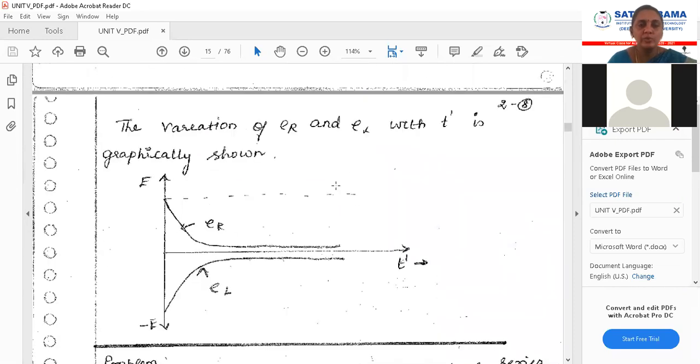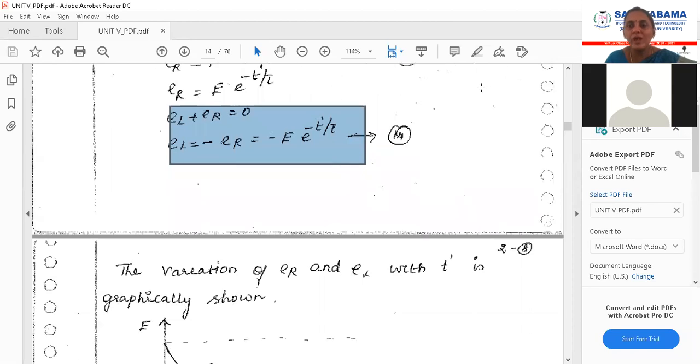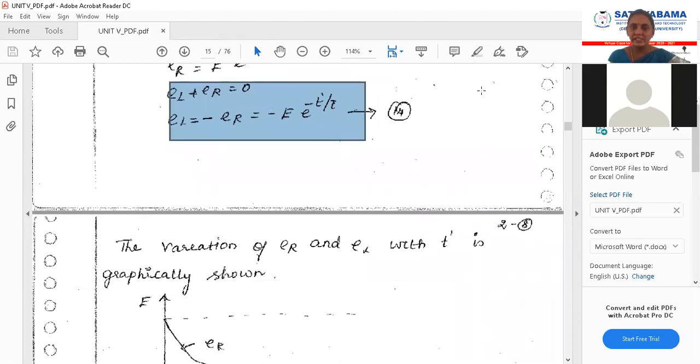Okay. Now, when you draw a graph the same way, drawing the graph means taking some values for small t. You put small t value as equal to time constant value. Second, put small t value as equal to 2T. Third, you put small t value as equal to 3T. So you will get different values of E, right?